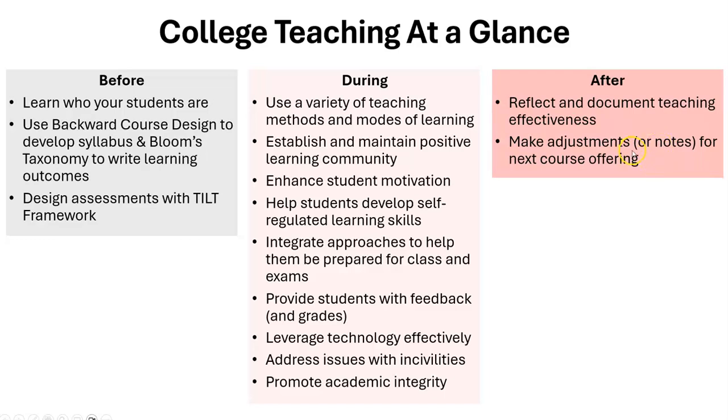I also said notes because it might be a while before you get to teach the class. Maybe it'll be a year. So it's important to make those notes so that you can refer to them when the time comes. And so I have this arrow here to show that it should be a cyclical process, and you use those reflections and notes to inform how you set up the course the next time.